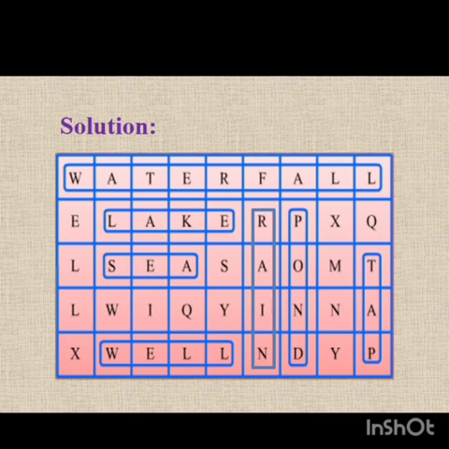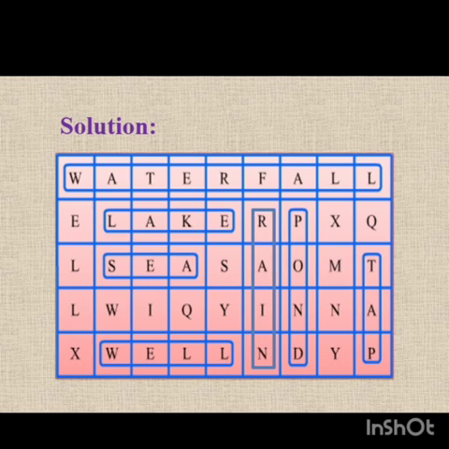So, what we need to do is look at the crossword puzzle which is given here, and put a circle around the places where water is found.